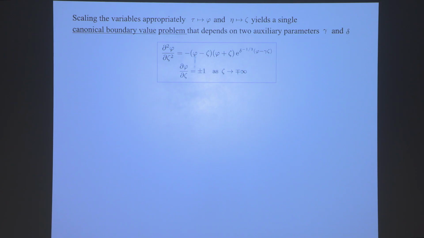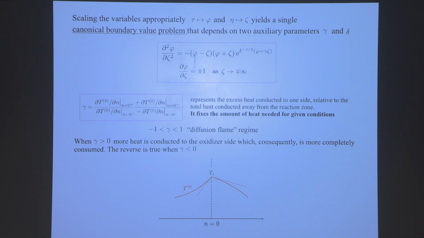Okay, what are these parameters? Let's say what are these parameters; I'll make the comment later. So gamma turned out to be the difference in the gradient on the left and on the right. I said difference even though in the numerator there's a plus, but note that one of them is negative, one is positive.